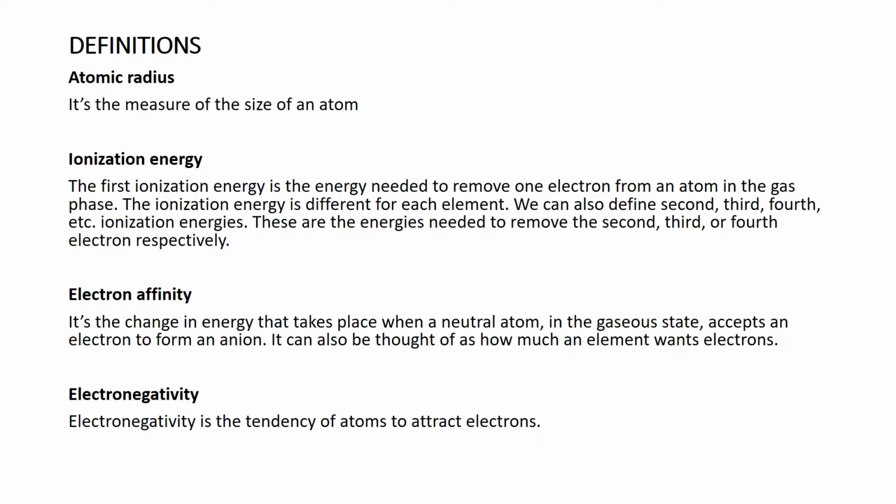So if you don't remember this long definition, you can just say it's how much an element wants electrons. You can just say that. Electronegativity is the tendency of atoms to attract electrons. So remember, you need to know all of these definitions for exam purposes.